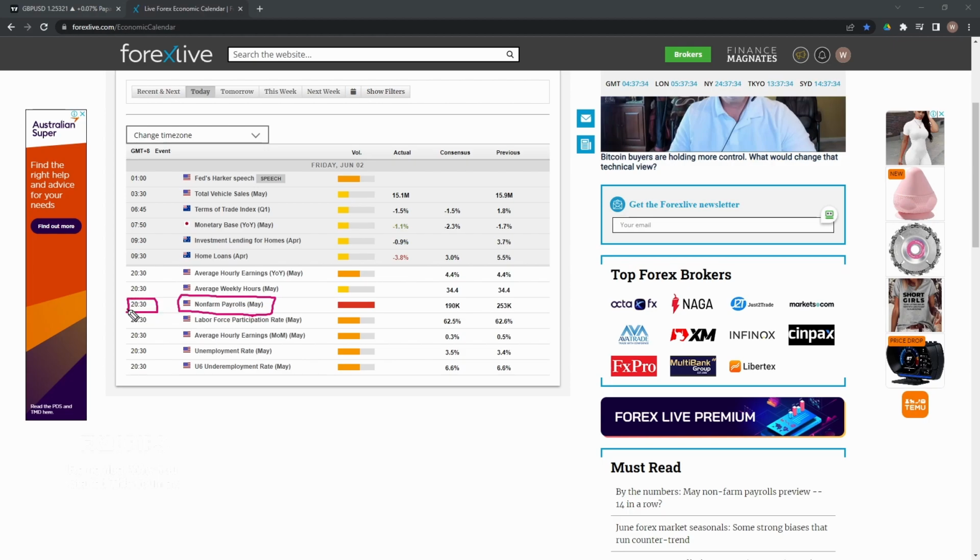My time 8:30, you just figure out your own time zone. And I am expecting some range rather than trend movement today, right before the non-farm payrolls result.